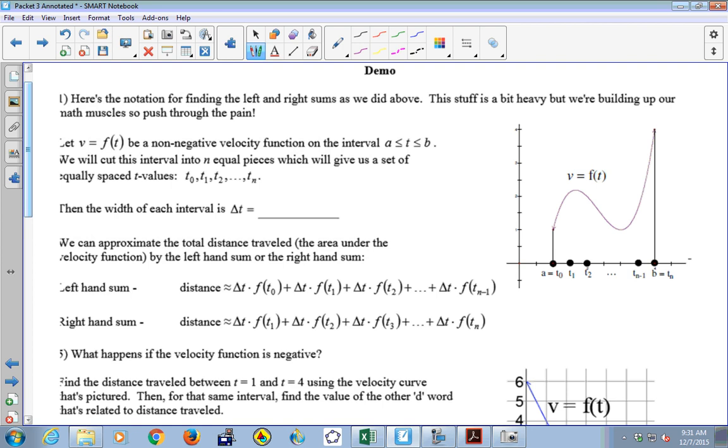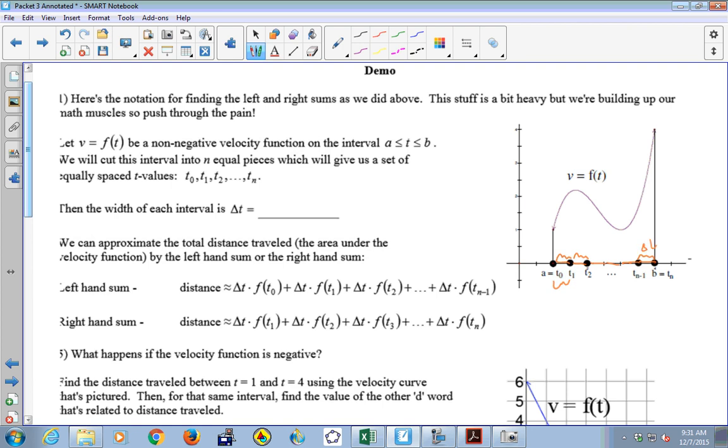Okay, so the width of each delta T, these little distances here. I'm going from A to B, and I'm breaking it into n equal pieces. How do I figure out the width of each little delta T? There are n pieces, right? There's 1, 2, 3, 4, and so on, n pieces, but they don't have width n.